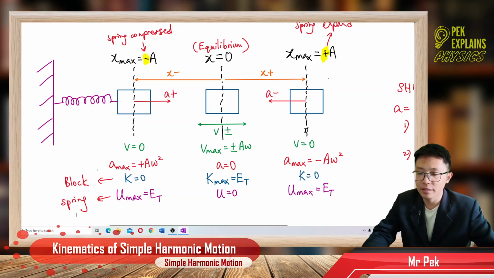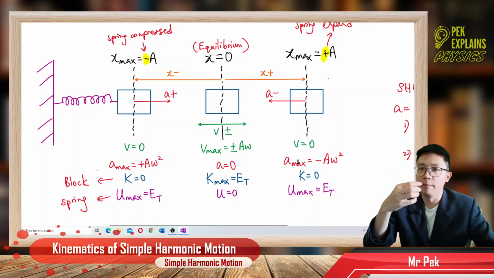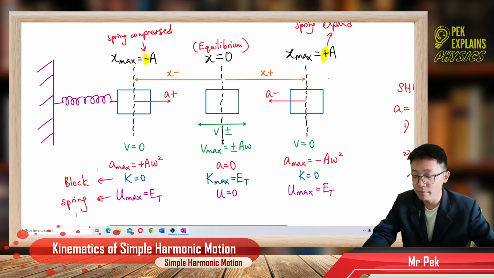The acceleration at the amplitude is maximum, which is A omega square. The negative sign we just ignore, because we just want the size of the maximum acceleration. At equilibrium, acceleration is 0.